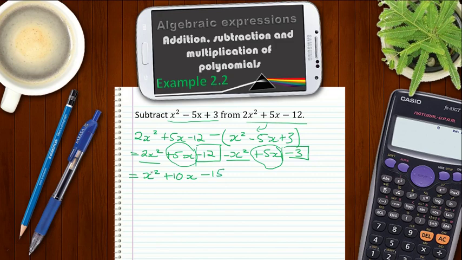Okay, so the second method is, once again, we say subtract this from this. So taking the second one, we've got 2x squared plus 5x minus 12. And then subtract x squared minus 5x plus 3.